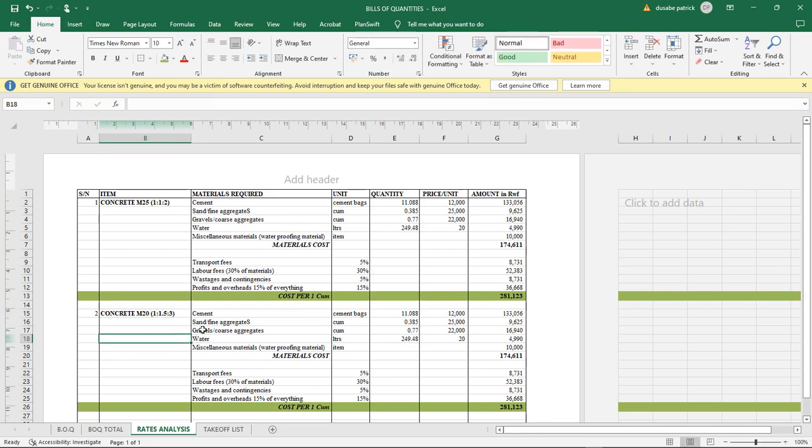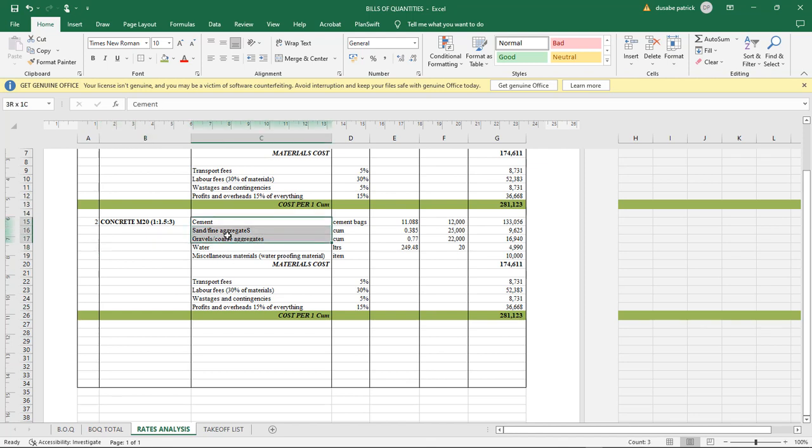Okay. So as usual, we'll be having the cement, the sand, the gravel, the water, miscellaneous materials, if any, the transport fees, the labor fees, the wastages and the contingencies, and then the profits and the overhead. So at the end, we'll be able to calculate the cost of 1 cubic meter of this kind of concrete.